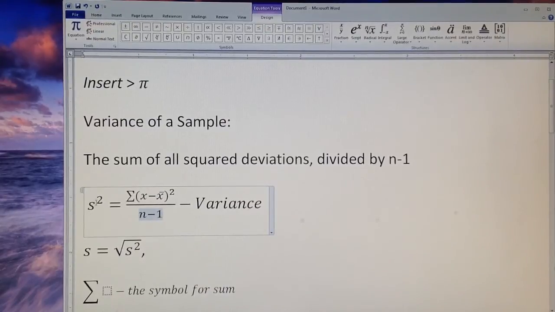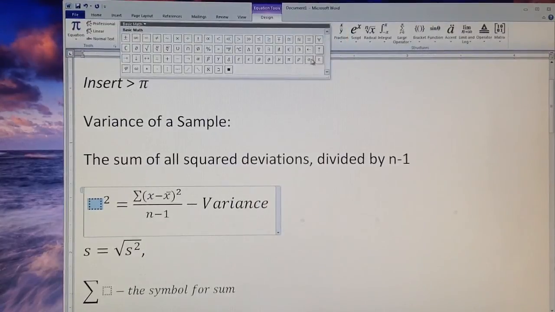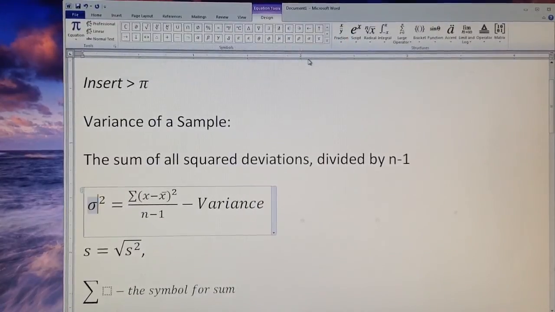Now I will show you what happens if you want the variance of the population. Then you click sigma, and this is the toolbar with Greek letters. Instead of x bar, you need the Greek letter mu. And then instead of n-1, you need uppercase N, in case of variance for the population.